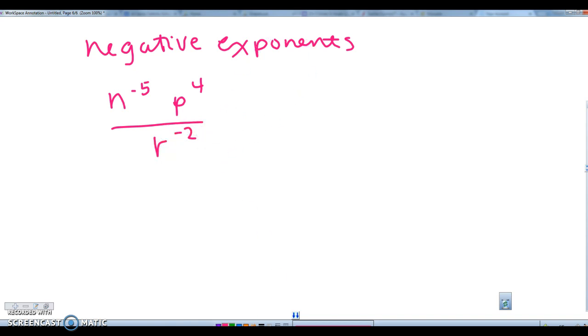So when I switch those two things, I would get r squared p to the 4th over n to the 5th. And that way everything is positive and pretty. We don't like negatives in our exponents, so we try to move them around so it looks nice.